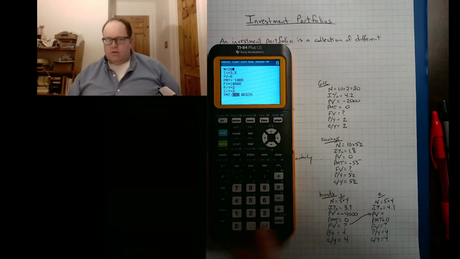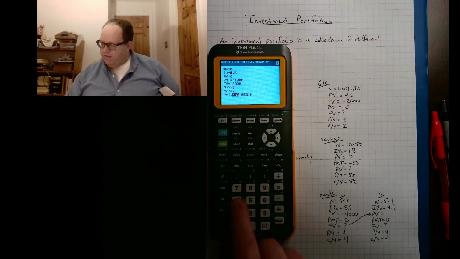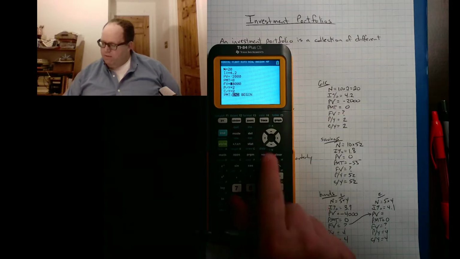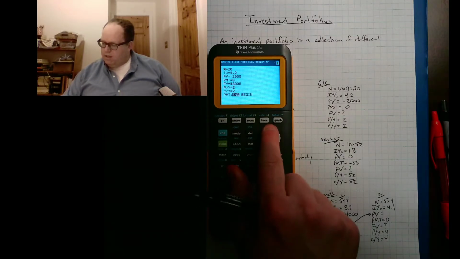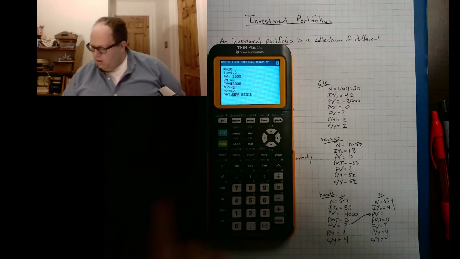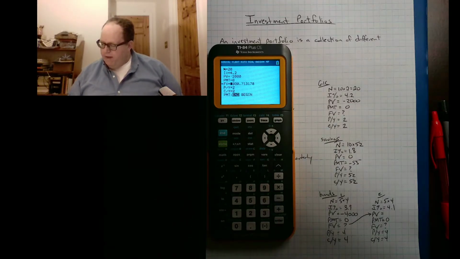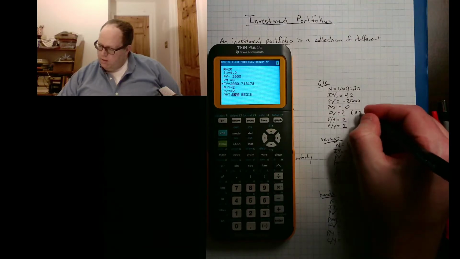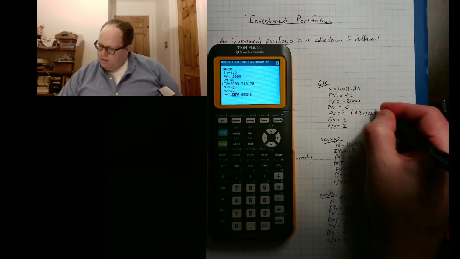And our N is 20, our I is 4.2. We've invested $2,000 up front with no regular payments, a future value that we don't know, and everything is semi-annual. So when we run the solver on the future value, we find that the GIC is worth $3,030.71.